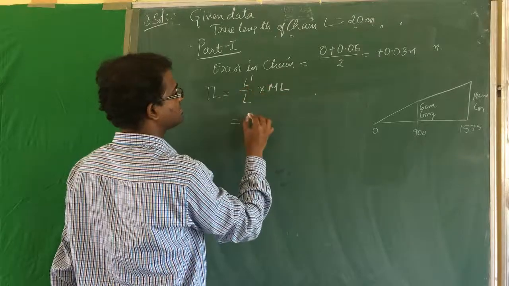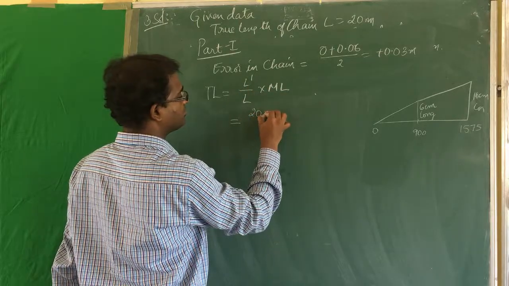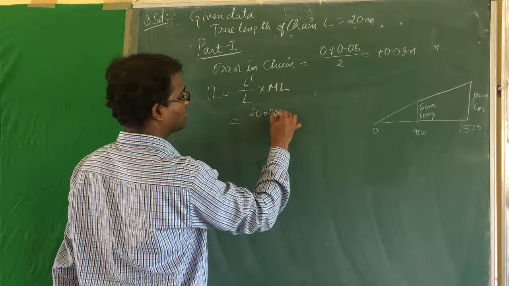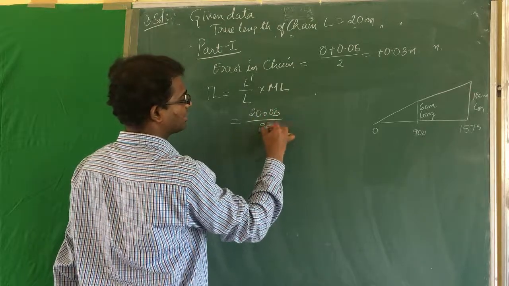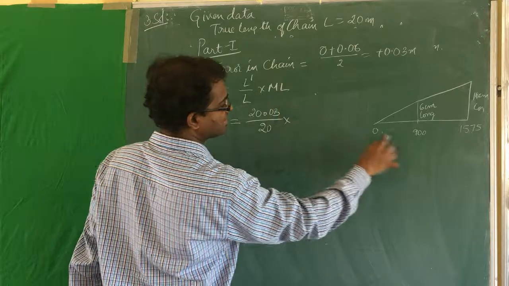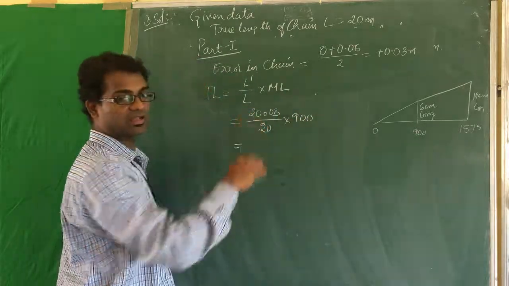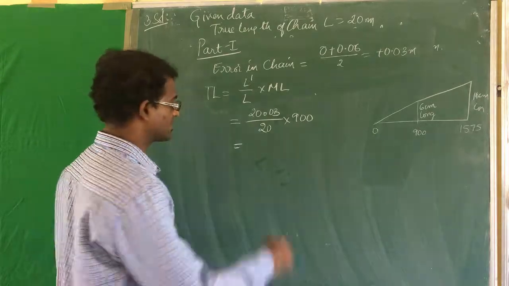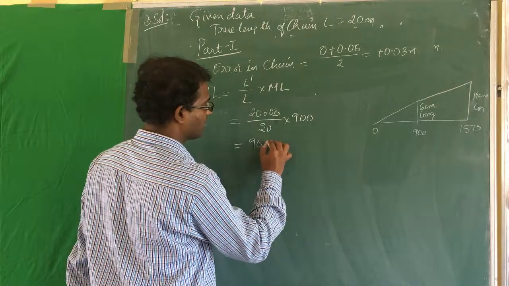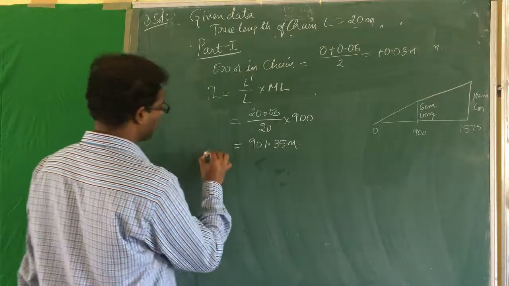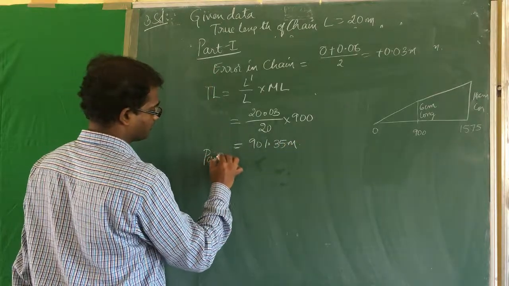L dash is given by 20.03 and L is 20, measured distance as 900 meters. Then if you calculate this value, you will get 901.35 meters.